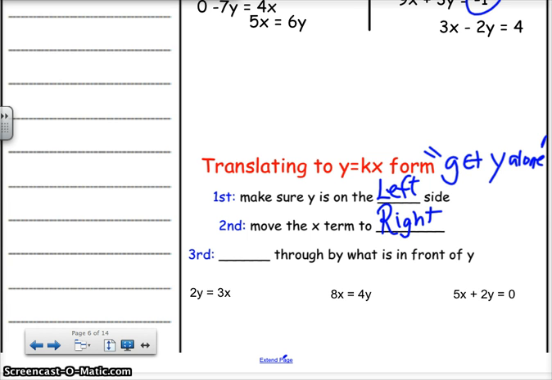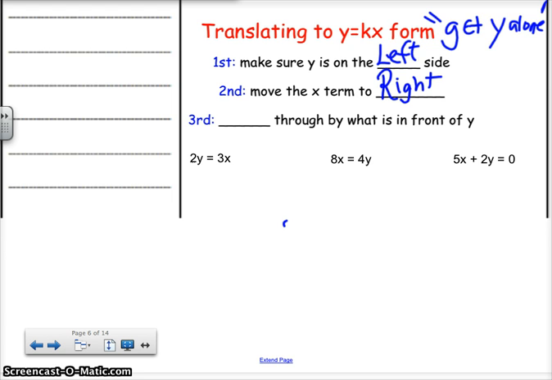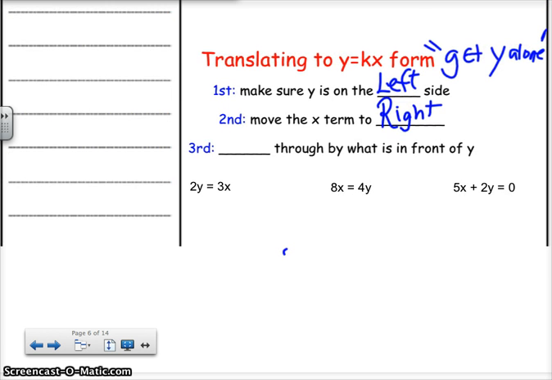And then to get y by itself, you always, in the last step, divide through by what is in front of y. So here I would divide through by 2 because my y is on the left and my x is on the right. I can just do the division. Y equals 3/2 x. This is my constant of variation, slope. Slope is constant of variation.